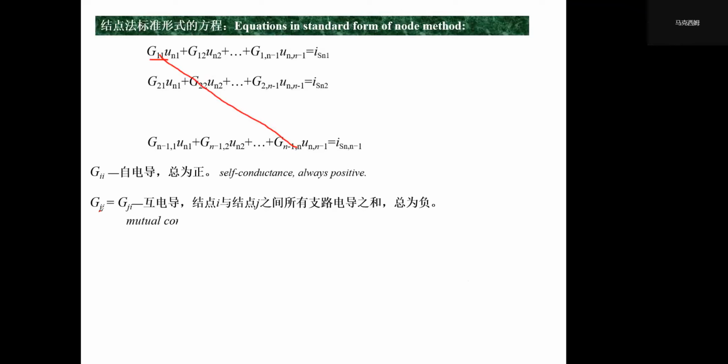And Gij, or Gji, is called the cross-conductance, or mutual conductance.